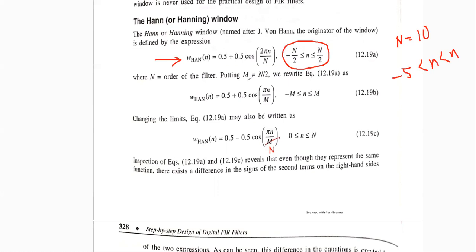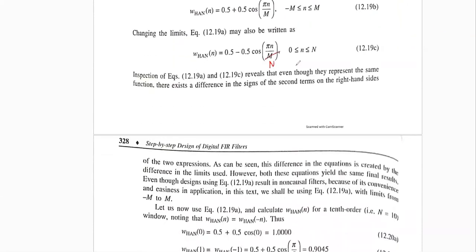By putting m equals to N by 2, we can write it like this, or just for the positive side, we can write it from 0 to N, where N equals 10. From 0 to 10 means 11 points. So this is the definition of the Hanning window.